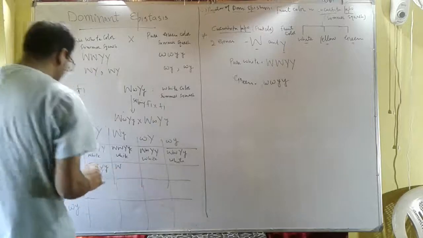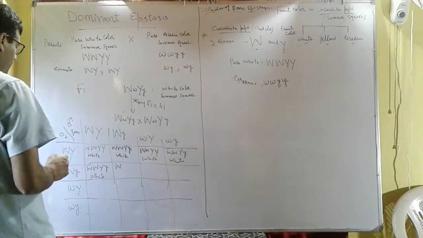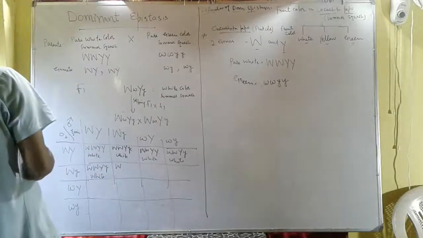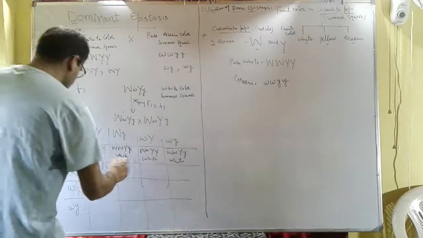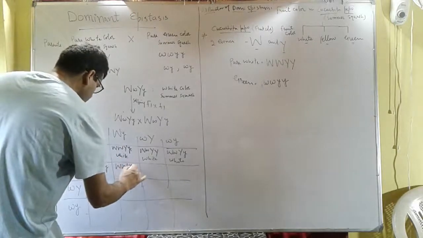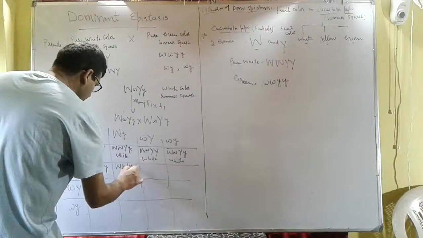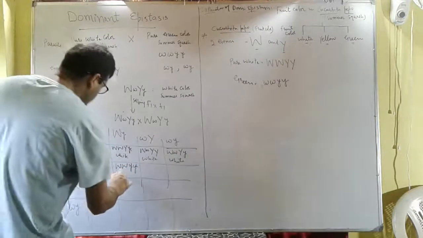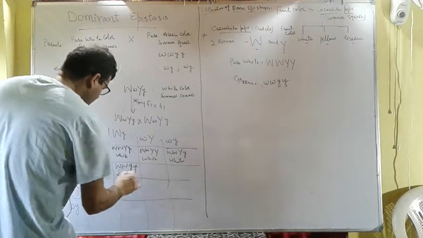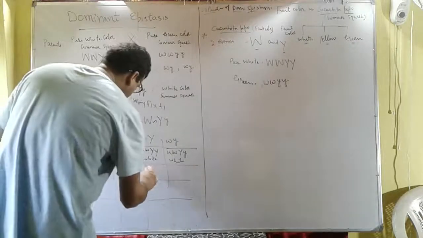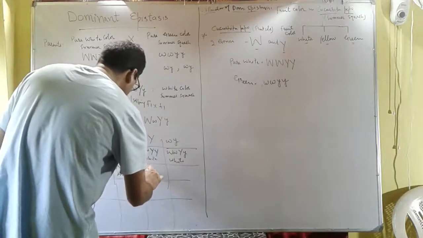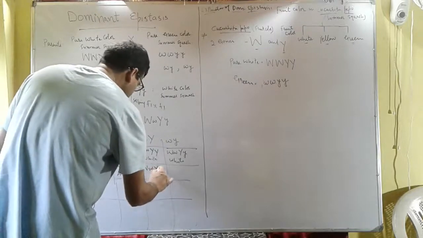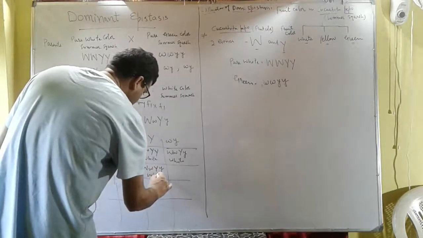Then we have capital W, capital W, capital W, small y, small y. This is white color summer squash. Then we have another capital W, capital Y, small y. This is also white color summer squash.